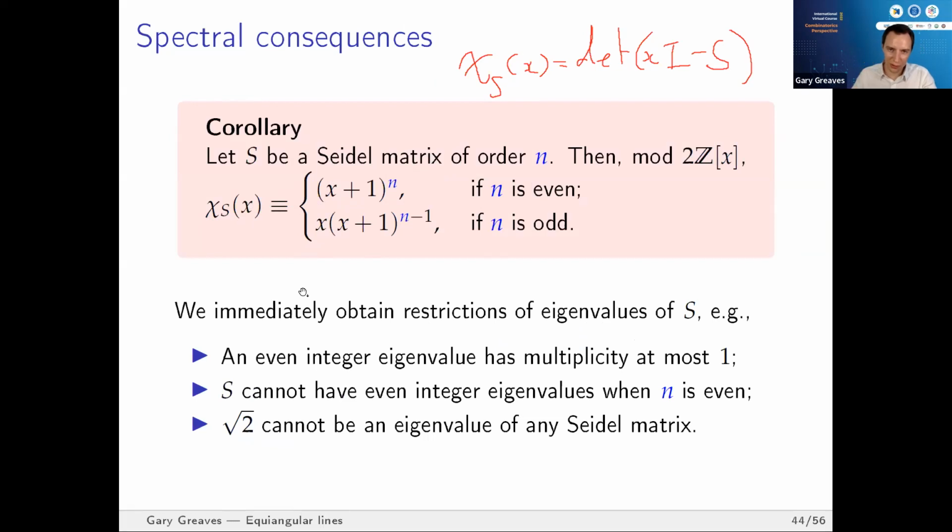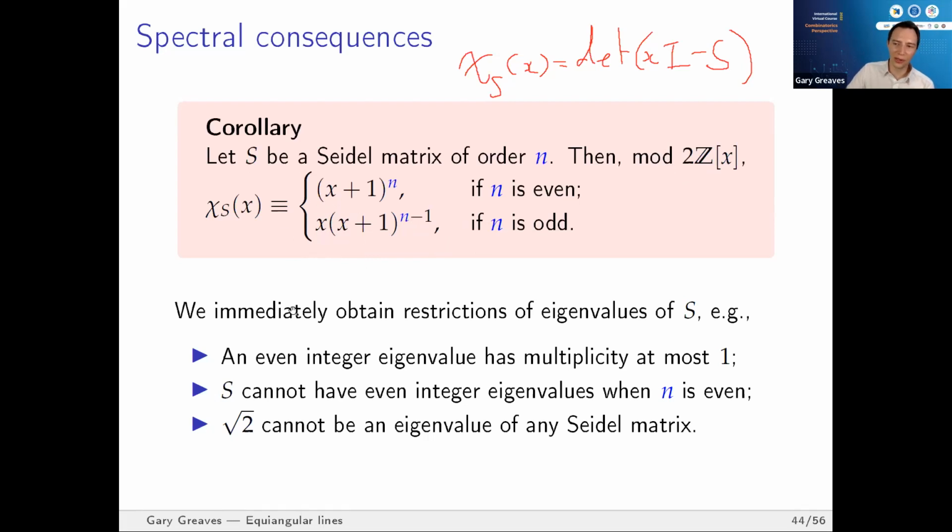If we take a look at what this is telling us, imagine that your characteristic polynomial has an even eigenvalue, so an even root. Then you would get an x minus k factor where k is even. If you reduce that modulo 2, that would just become an x factor, because the k is even, so it disappears to 0.